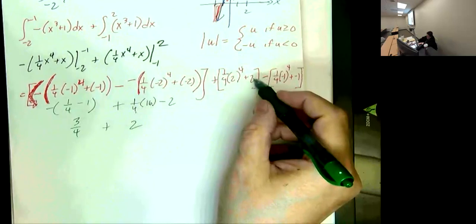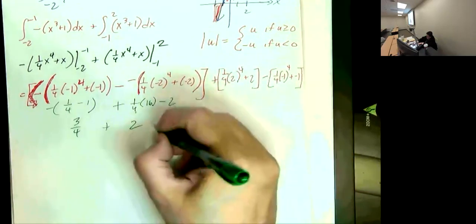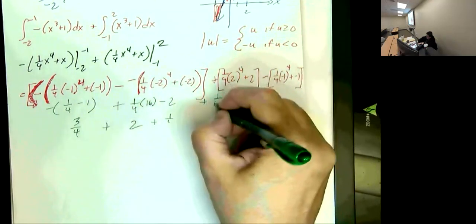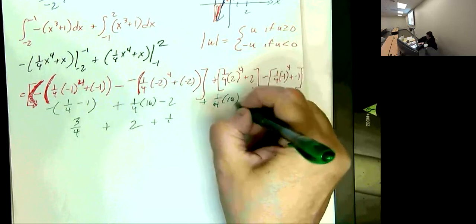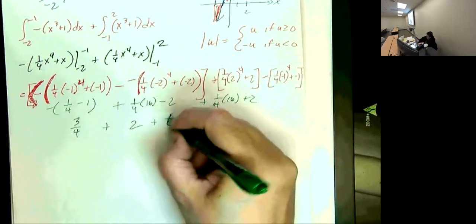And I got that here, plus 1/4 of 16 plus 2 is 4 plus 2, which is plus 6 for the next term.